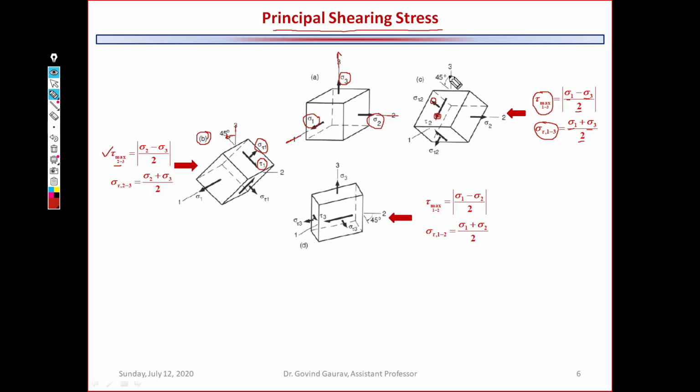In such a case, to represent it in the form of a cuboid, this cuboid has to be inclined with respect to axis 3 by an angle of 45 degrees.